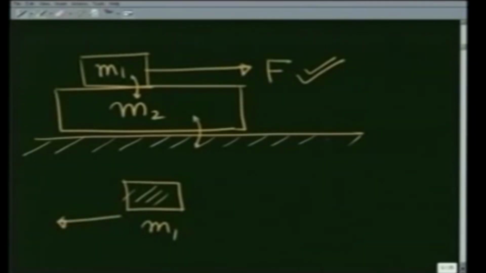Then even if I did not apply any force F, because of this force the mass would tend to move this way, and I know that does not happen. That means the frictional force adjusts itself as I apply the force. How does it adjust itself? It is just sufficient to oppose the motion or the tendency to move.